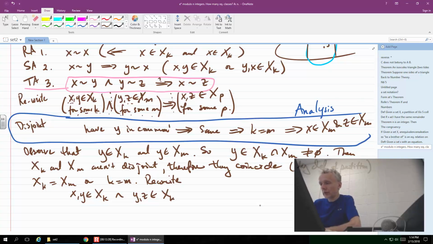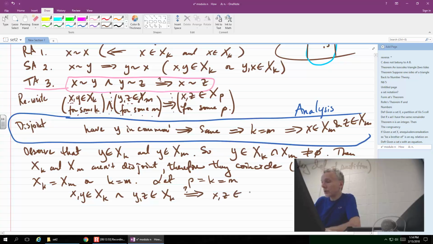This is how we do it. It's our choice of p, so let p be equal to k, which is equal to m. Then what our statement turns into is this: xz belongs to X sub k. Okay, which is true.